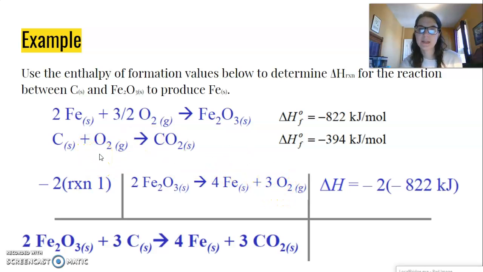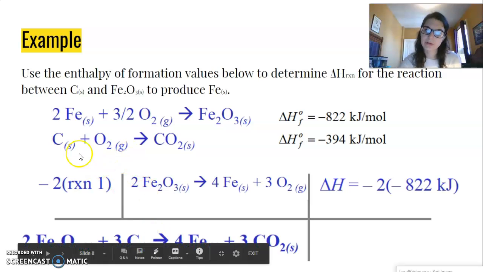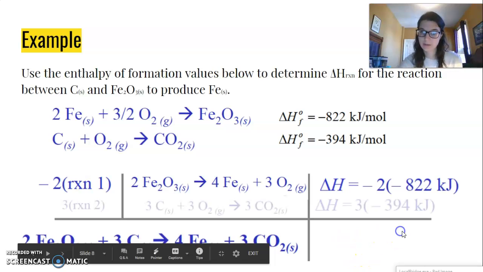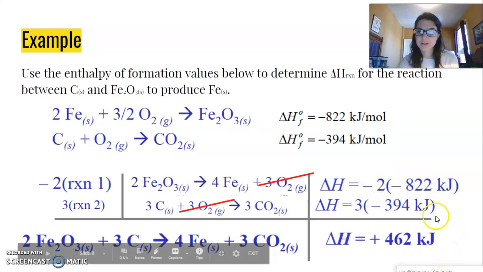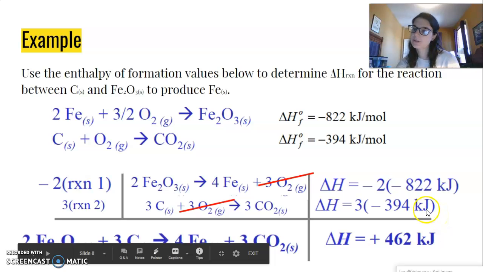And it would, because in our final equation, we also have 3 carbon solid, and we also have 3 CO2 solid. So I'm going to just multiply the second reaction by 3, which means I multiply my delta H by 3 as well. So if I do my multiplication and add them up here, I get a delta H of positive 462 kilojoules. So this is an endothermic reaction.